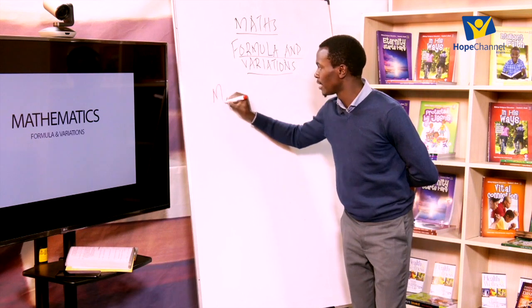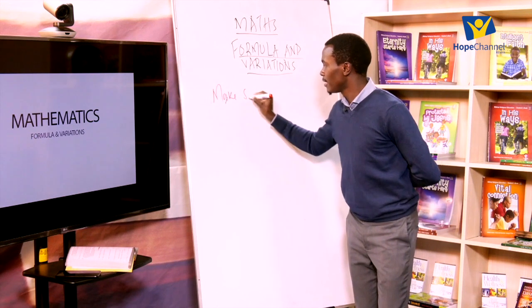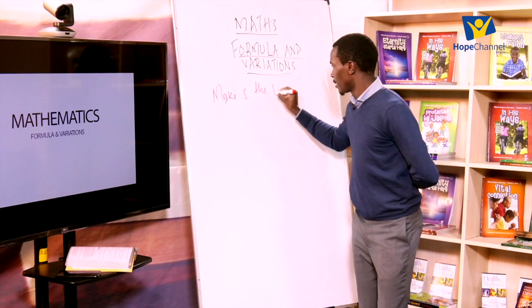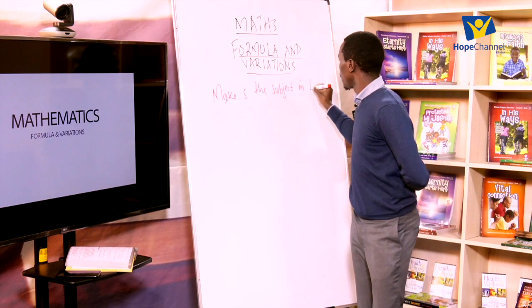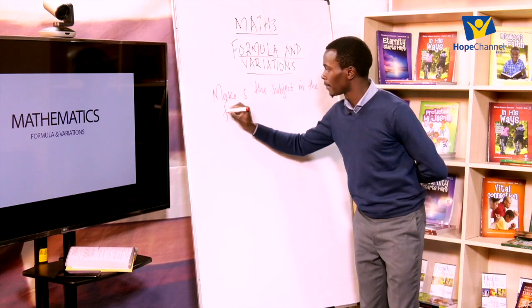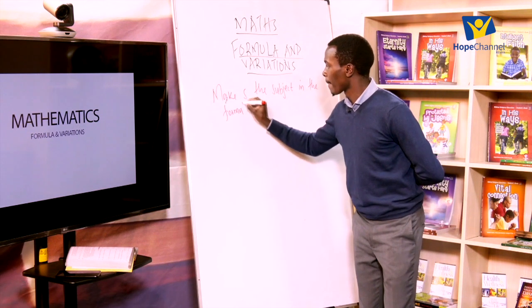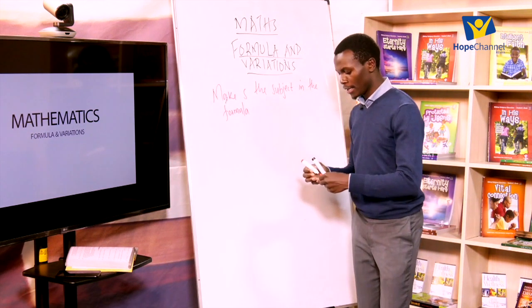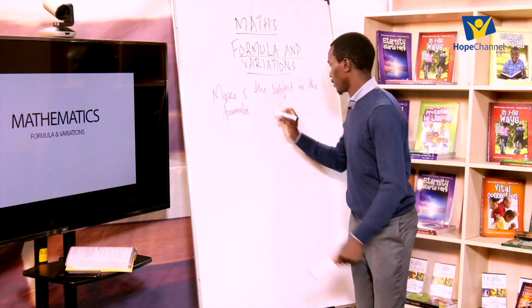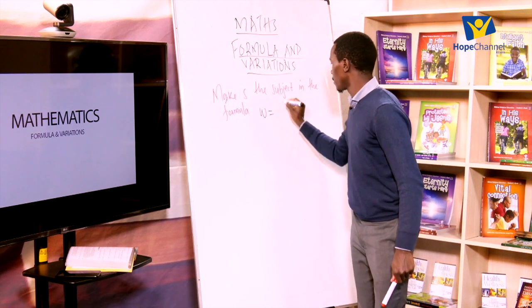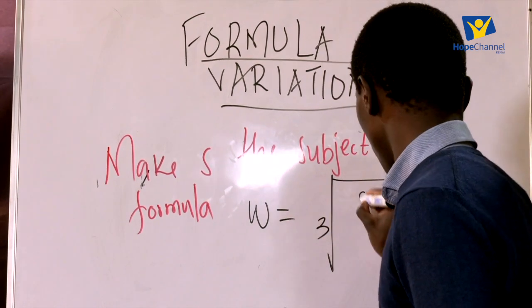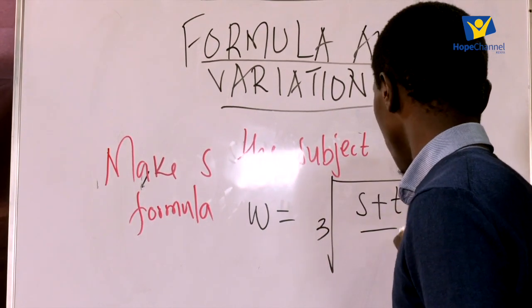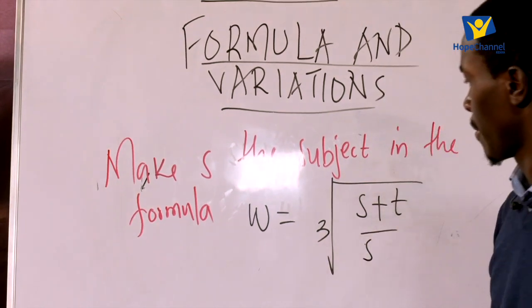So make s the subject in the formula. So the formula is w is equal to the cube root of s plus t over s.